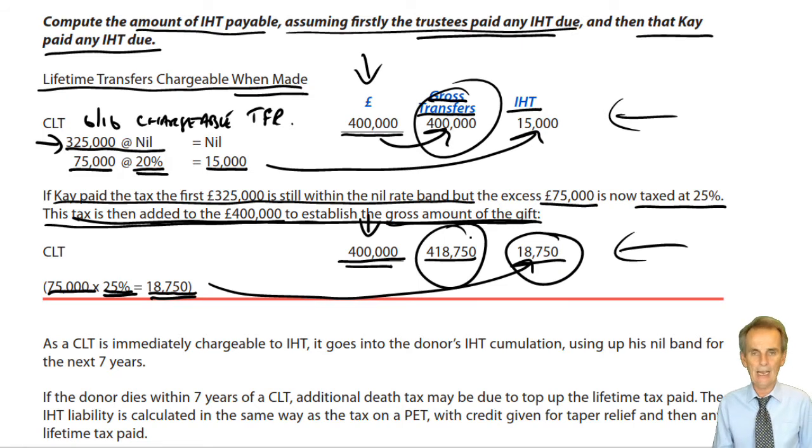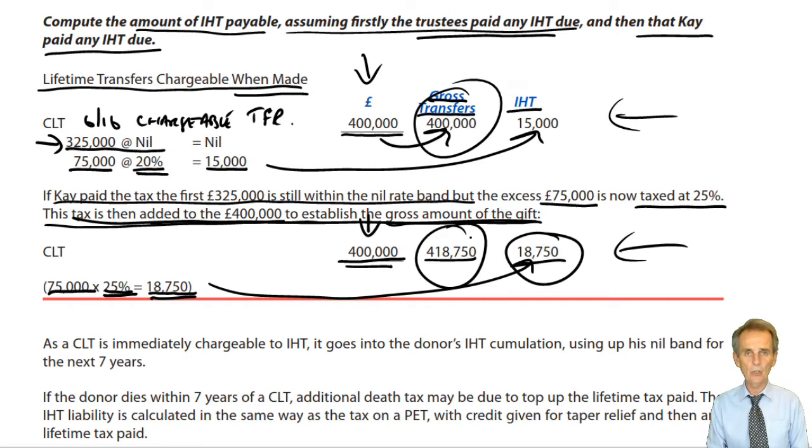Because what may then happen is that you've also got to compute the IHT that is payable on the death of the taxpayer. And that means that when dealing with the lifetime transfers chargeable on death, we cast our net back initially 7 years. Those transfers now, both PETs and CLTs that fall within the 7 years prior to the date of death, they become chargeable as a result of the death of the taxpayer.